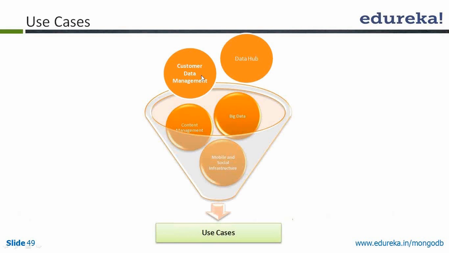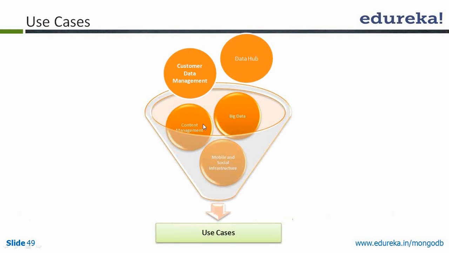Now, what are the use cases of MongoDB? You can see here, you can use it in mobile and social infrastructure, for big data management, for content management, for customer data management, and also for a data hub.